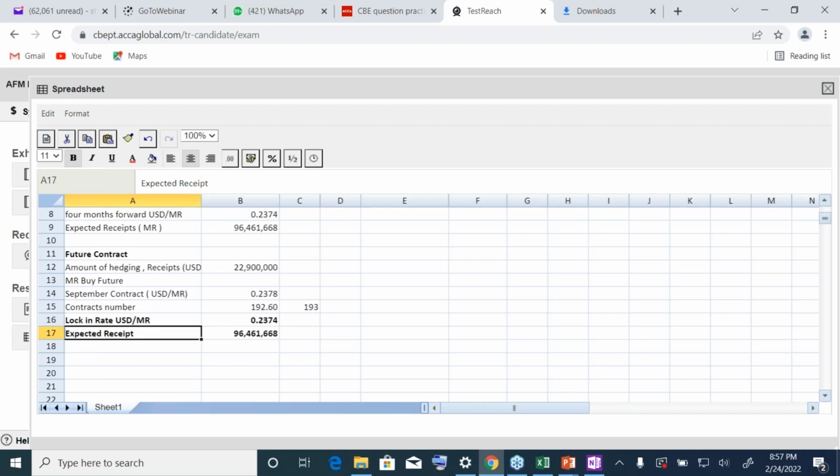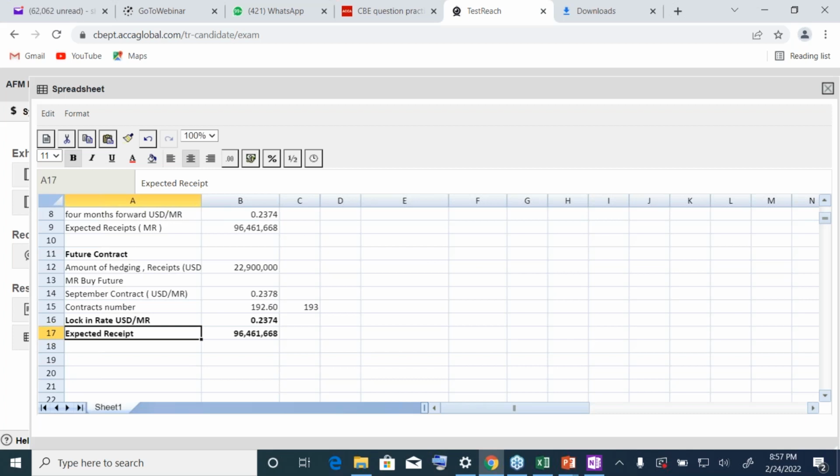Normally we do not calculate underhedging overhedging in the future contract, but here in this question, examiner has asked us to calculate. This formula will be applicable in all of the scenarios of currency future, only in currency future. In interest rate future, it will be used in a slightly different way. I will explain in the second half of today's session.